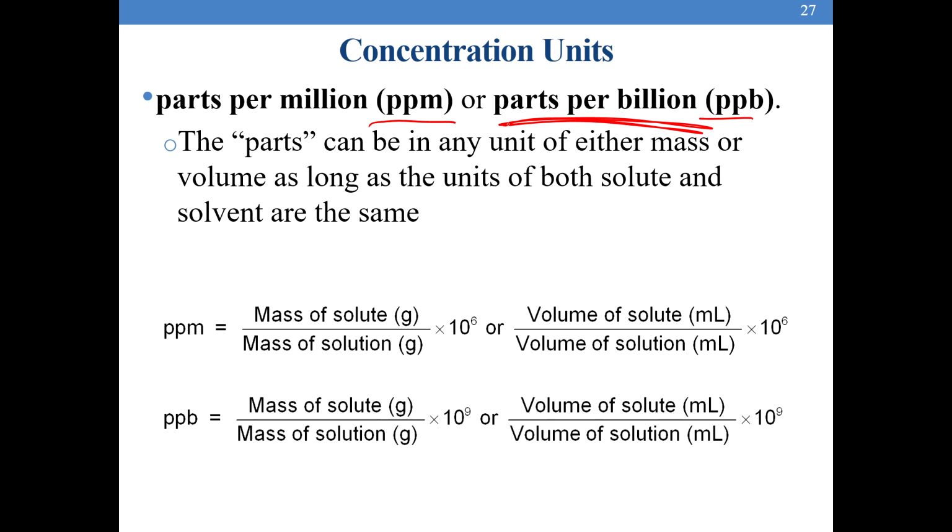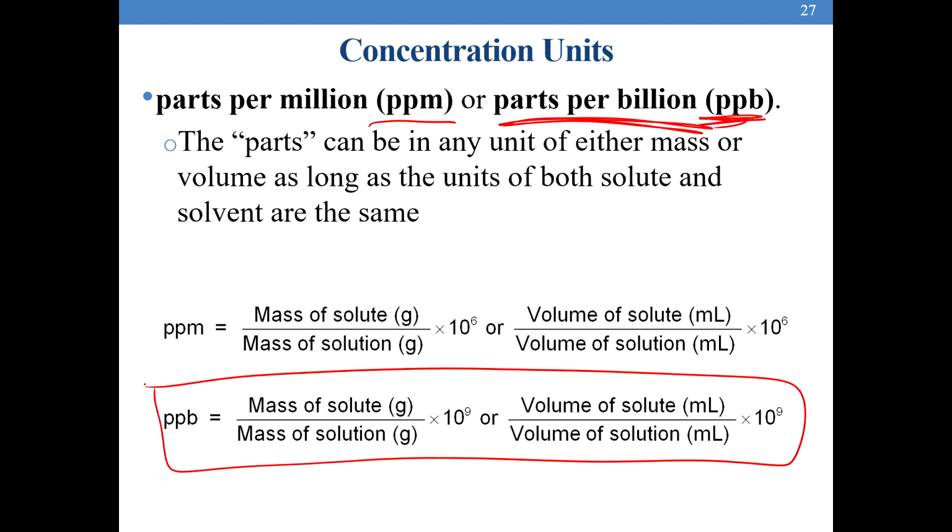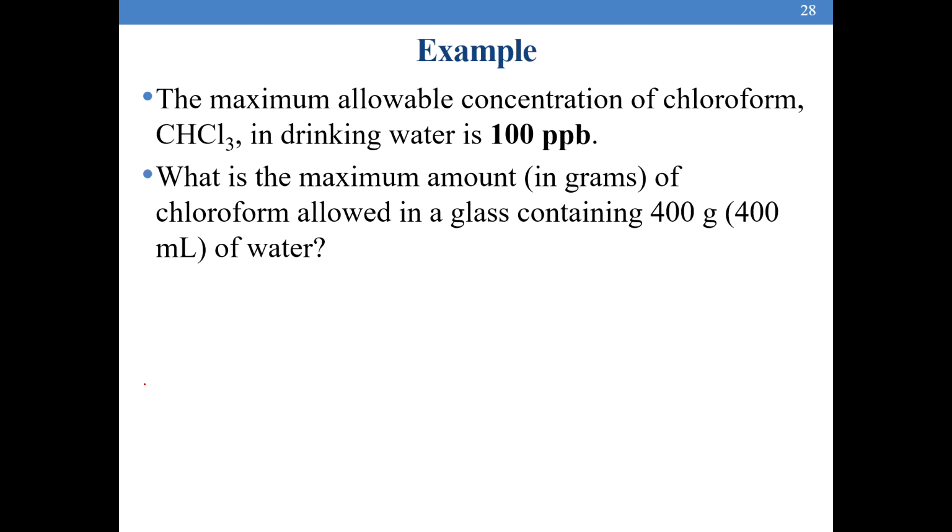So let's look at an example with parts per billion while we're on it, and then we'll go into some examples with molarity. While parts per billion, ppb, is fresh on your mind, keep these formulas fresh too. Let's look at an example.